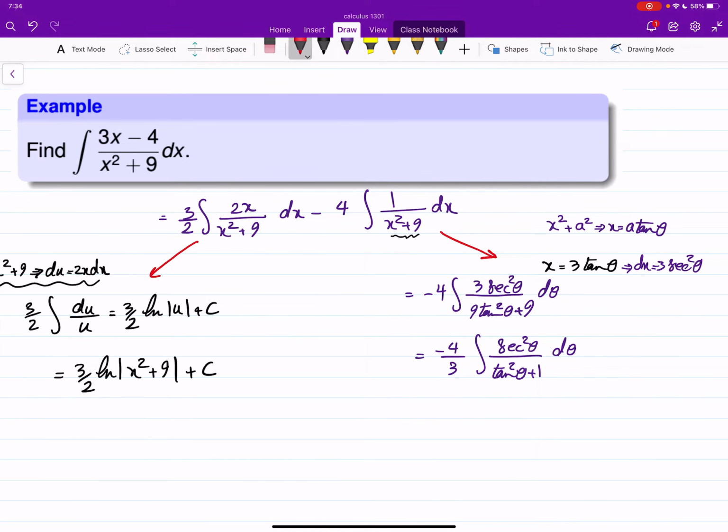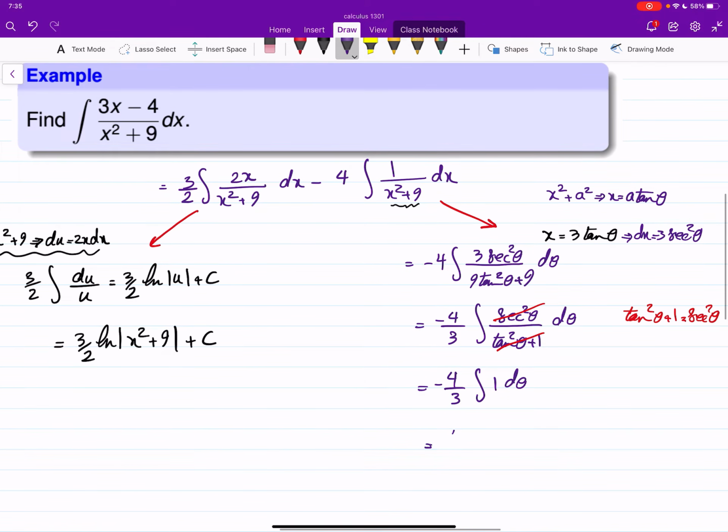Remember that tan squared plus 1 is secant squared theta. So the numerator and denominator cancel each other, and we get -4 over 3 integral of 1 d theta. And that is just -4 over 3 theta plus c.